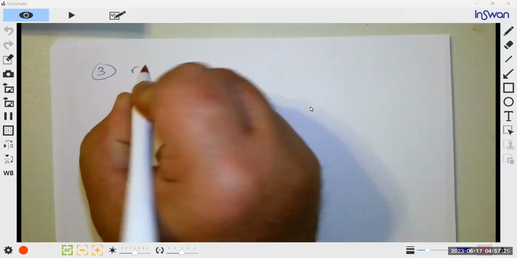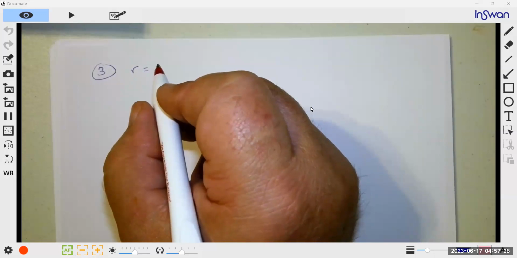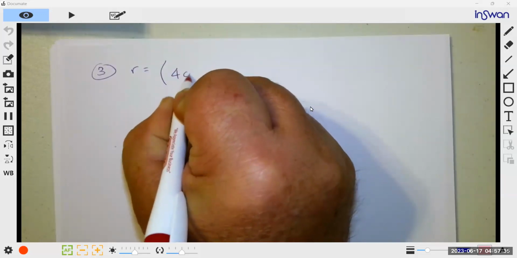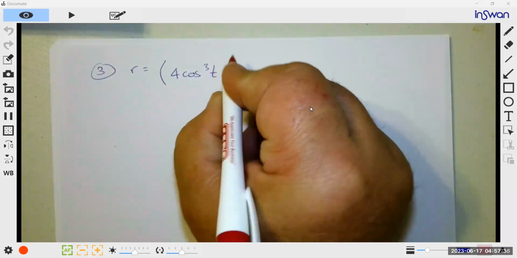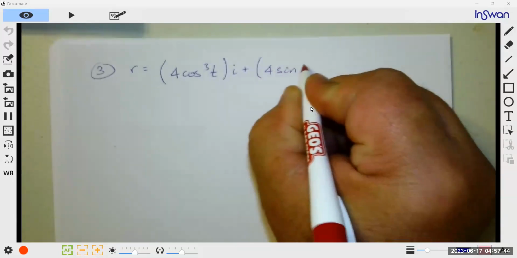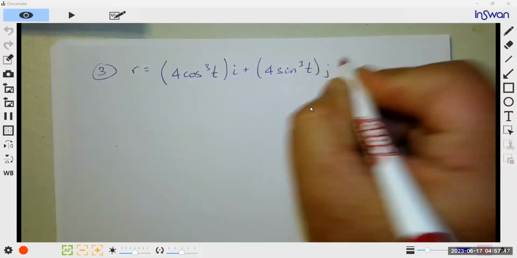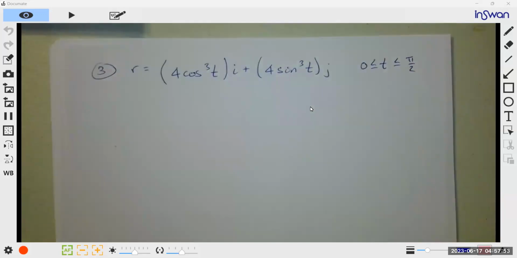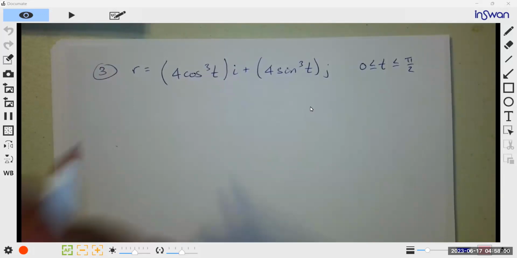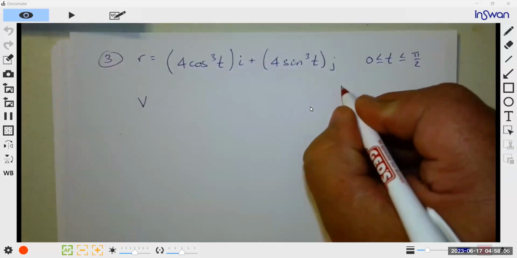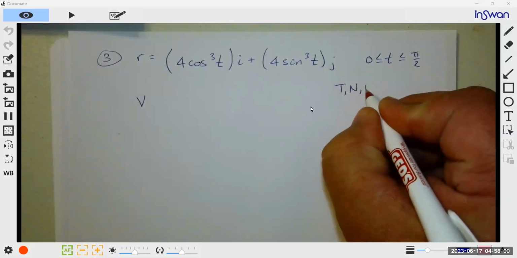So r is equal to (4 cosine cubed t) i plus (4 sine cubed t) j, and it's within that bound. So we have to find T, N, and K.